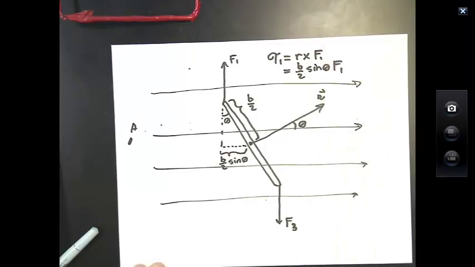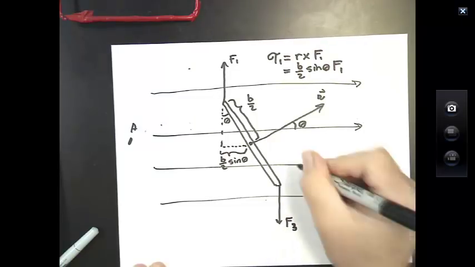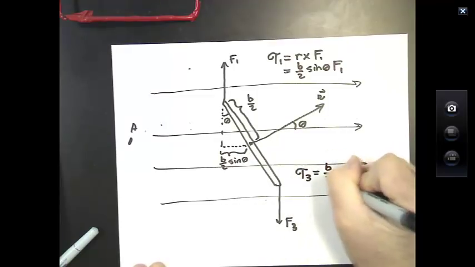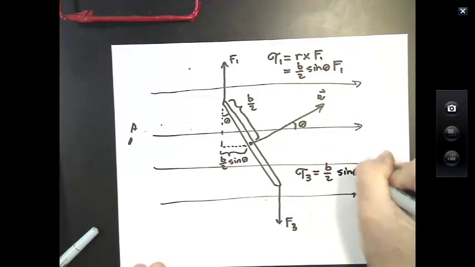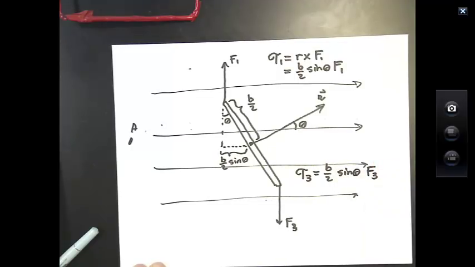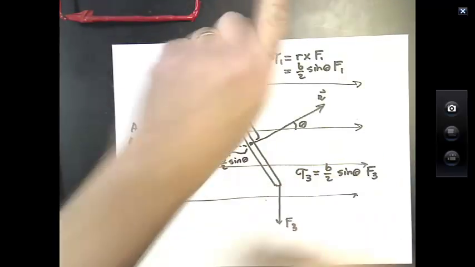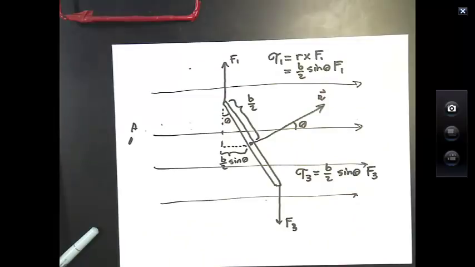Okay? Same analysis down here. The torque created by F3 is going to be B over 2 sine of theta times F3. Okay? So both of these torques are in the same direction. They're both trying to twist this loop back to an upright position.